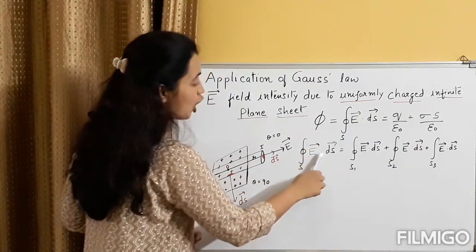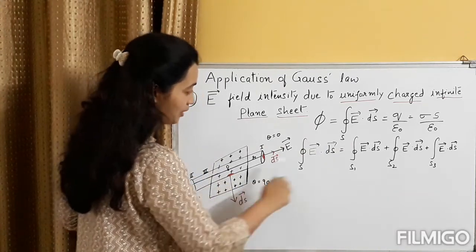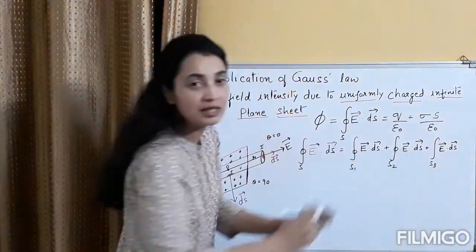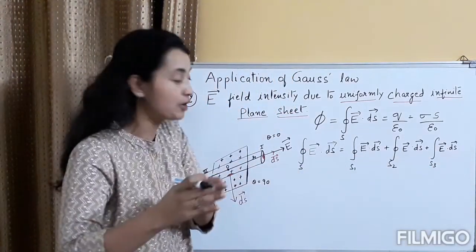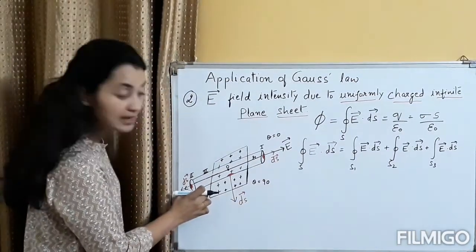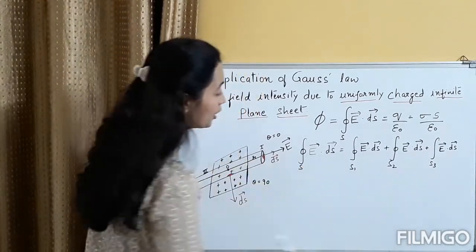Now this term E dot ds over the complete integral of the Gaussian surface can be written in terms of 3 parts. We are integrating it in 3 different parts. This is part 1, the end cap. The second part is the second end cap, part 2, and the curved surface is the third part.